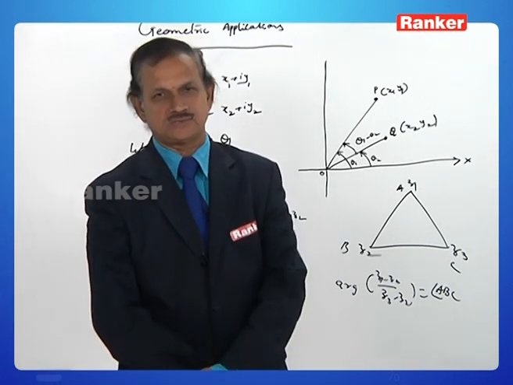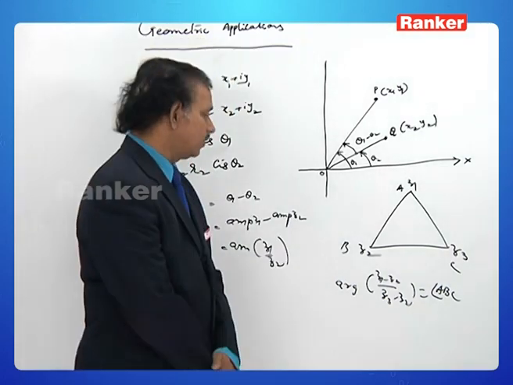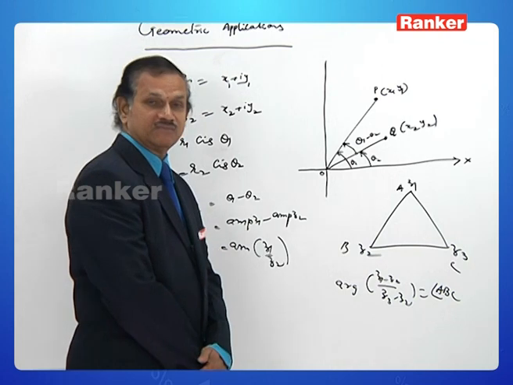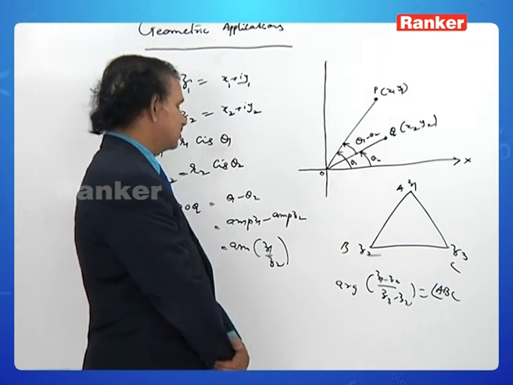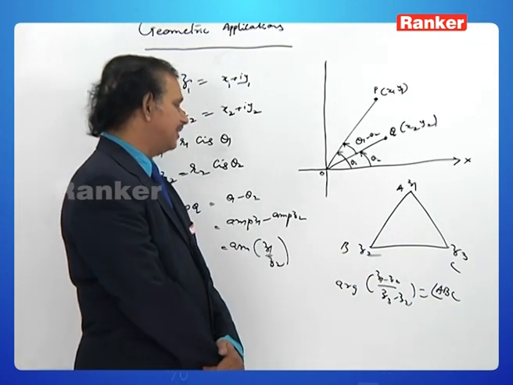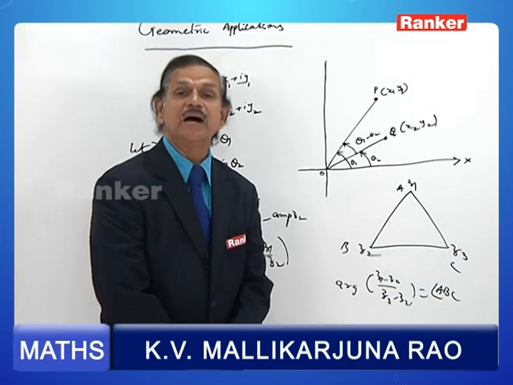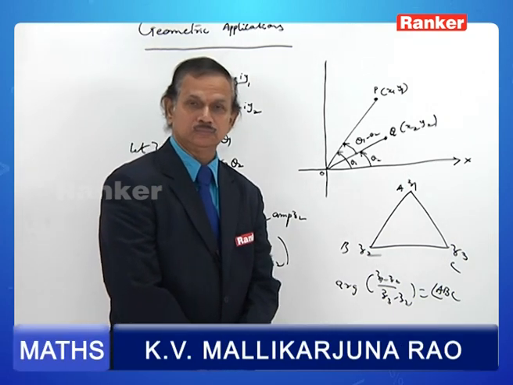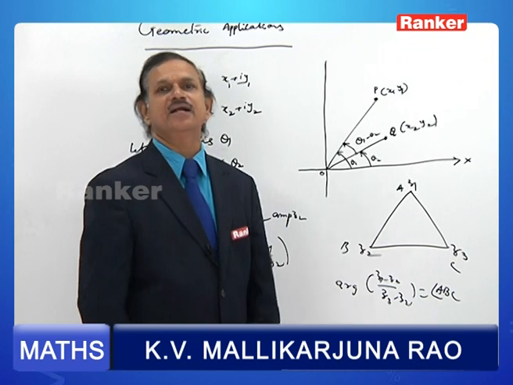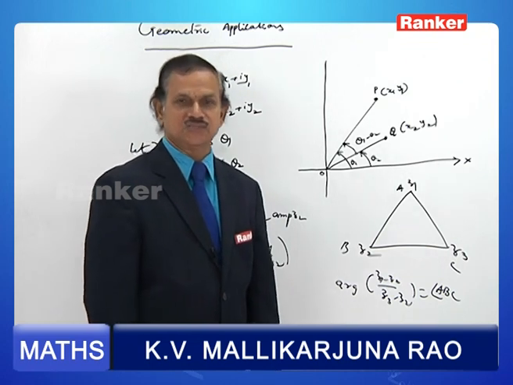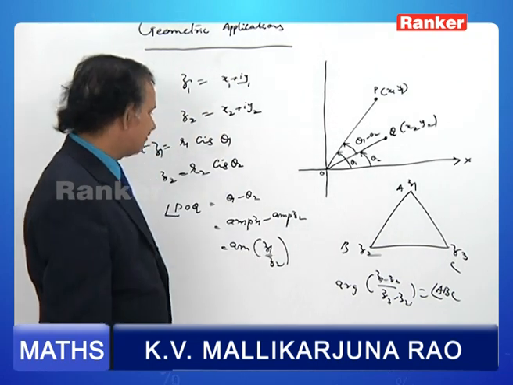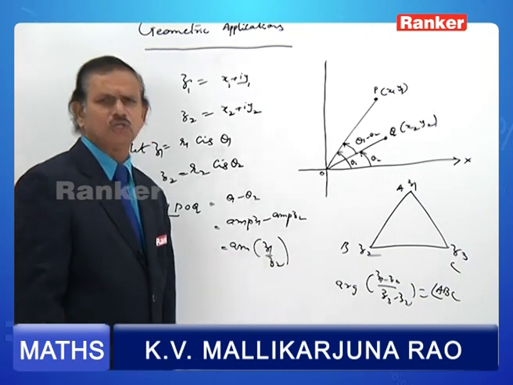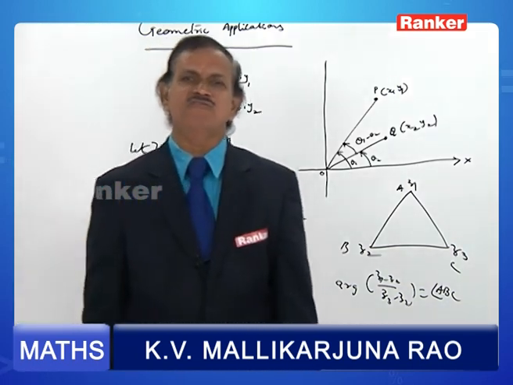Then what happens? Argument of Z1 minus Z2 by Z3 minus Z2 is nothing but pi by 2. Like that we will be able to have. This is the application of argument or amplitude in geometrical figures.